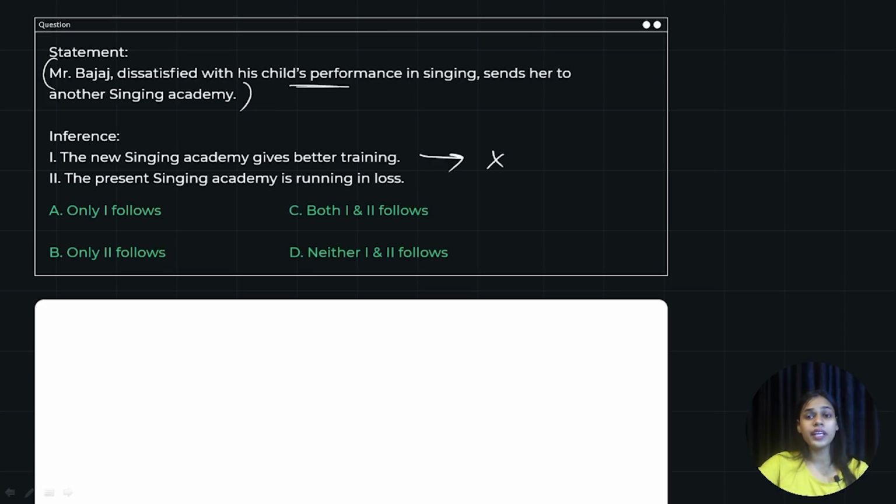So this cannot be inferred. The present singing academy is running in loss. Again, the entire statement does not say anything about the present singing academy bearing any loss or profit, right? So this cannot be inferred. Hence, neither one nor two follows. So we are going to go with option D, that is neither one nor two follows.